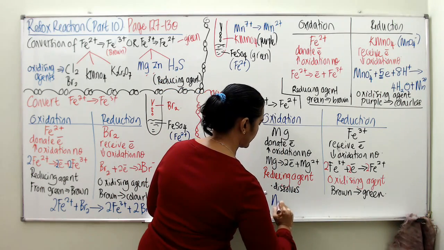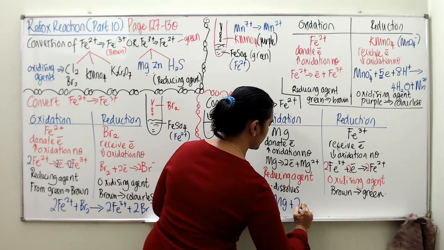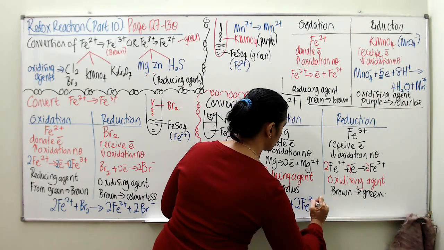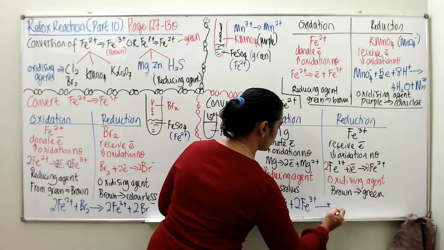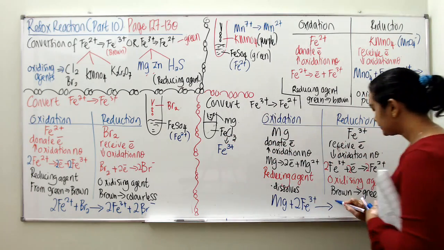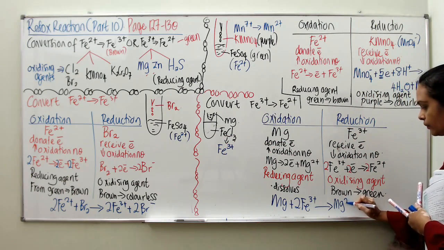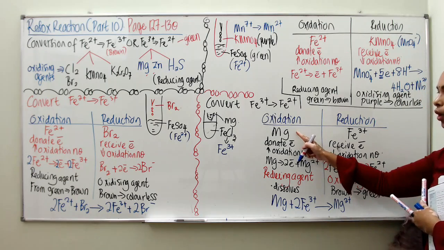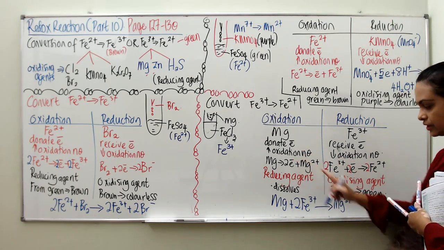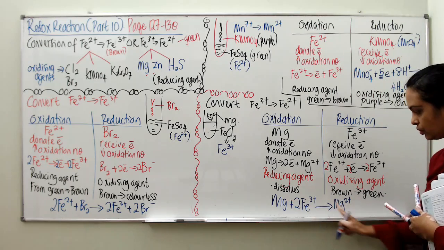Magnesium plus 2Fe3+ will produce magnesium ion, because magnesium has gone through oxidation by increasing oxidation number. Can you see from 0 to 2+?